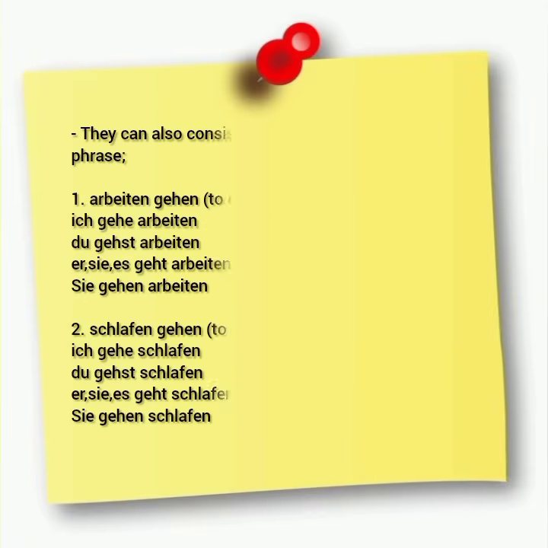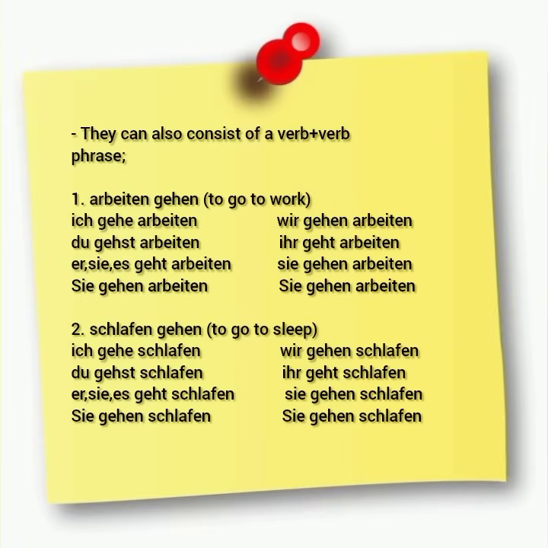And then lastly, they can also consist of a verb plus verb phrase. It's also possible to find two verbs together. Like in the example, to go to work is arbeiten gehen. So I say, ich gehe arbeiten. Du gehst arbeiten. Throughout, arbeiten remains arbeiten, so you only conjugate gehen.